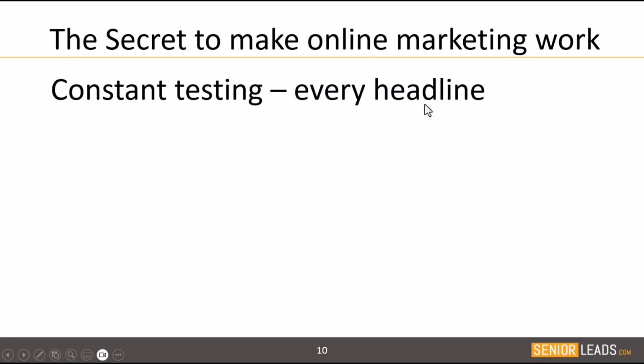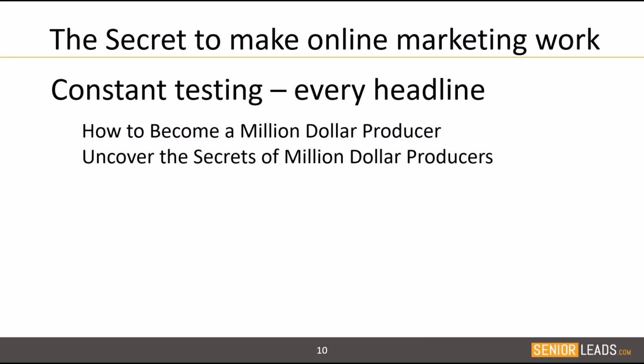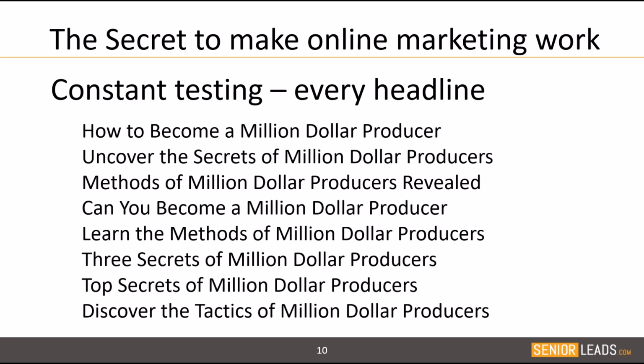Next, you have to have a headline. And again, you don't know what headline will be best, so you've got to test. Like we started making up headlines, offering this book: How to Become a $1 Million Producer, Uncover the Secrets of $1 Million Producers, Methods of $1 Million Producers Revealed. Can you become a $1 million producer? Learn the methods of $1 million producers. 3 secrets of $1 million producers.